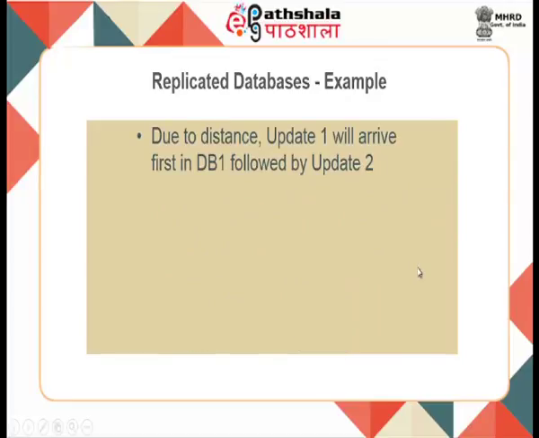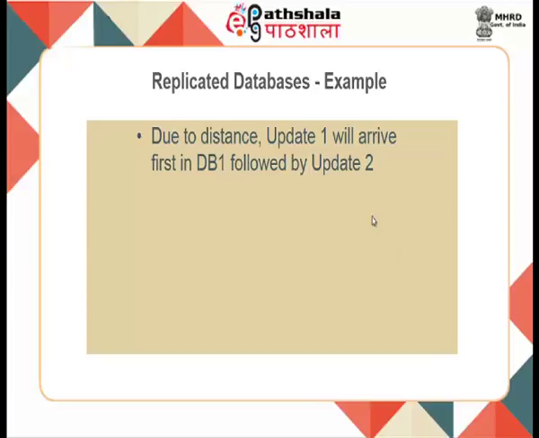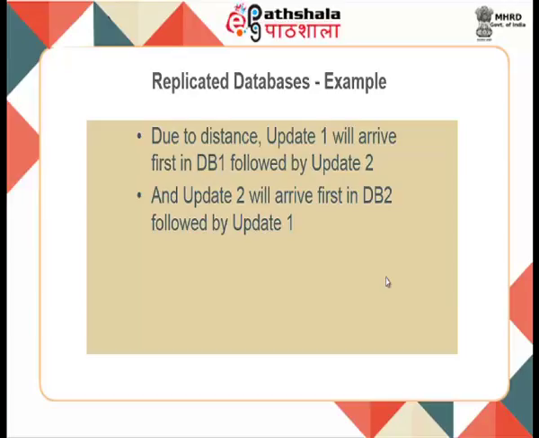In reality, although both updates happened at the same time T1, and even if I assume that the clocks are synchronized, meaning they are actually T1 in real time, update 1 will arrive first at DB1 and then update 2 will arrive, because the user is in the same geographic location as the database. Similarly, at the South African server, update 2 will arrive first at DB2 and then update 1 will arrive.